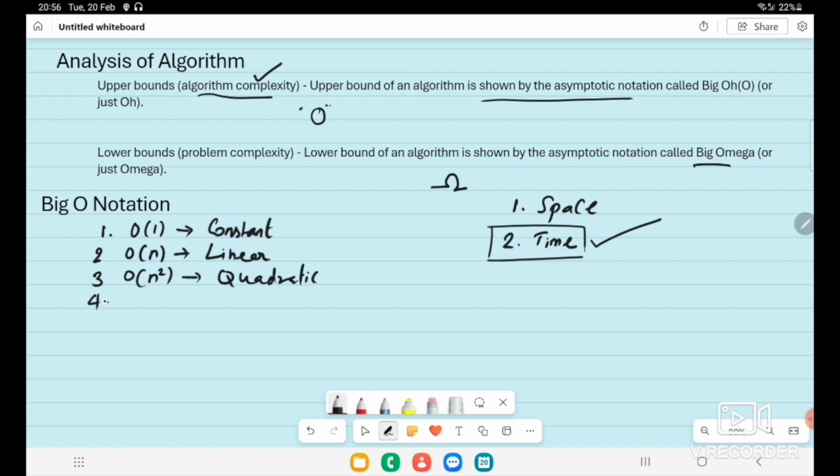The fourth one is order of 2 power n, which is exponential. And the fifth one is order of log n, which is logarithmic. So these are the 5 types of complexity we have.